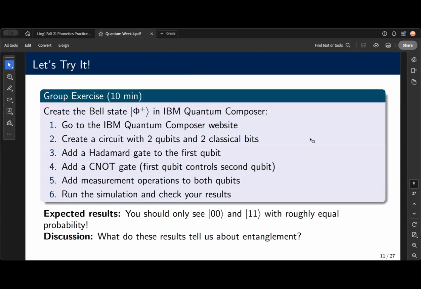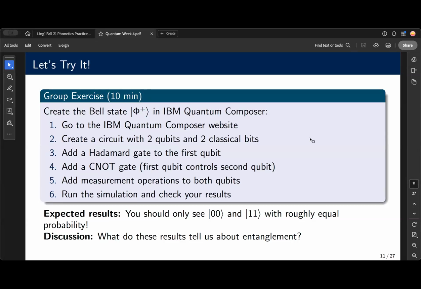Just go through these steps of adding a Hadamard gate to the first qubit and then the CNOT gate with the control on the first qubit and the action on the second qubit. Then we're going to add the measurement operations on both qubits to check our results. The expected result is that you should see only 00 and 11 with roughly equal probabilities. Then we're going to discuss these results and how we can infer entanglement.